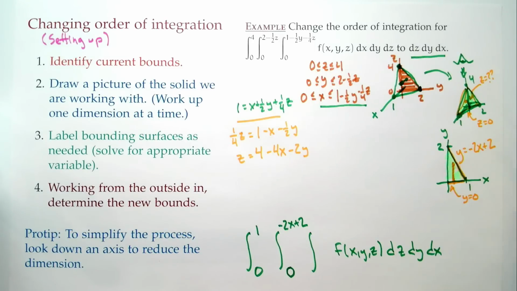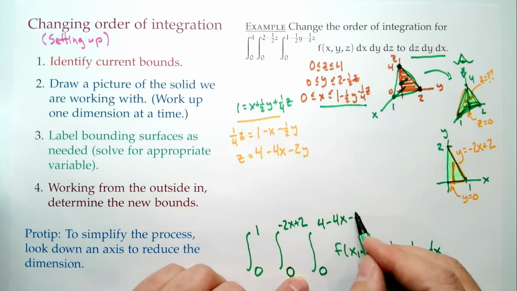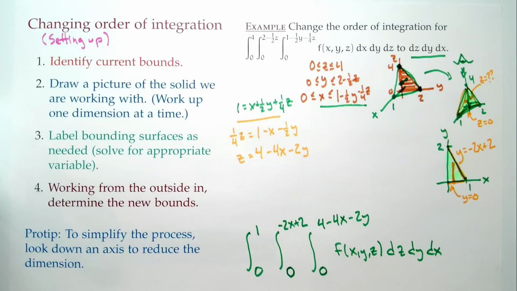So that's the top surface. And so, where does z go from? I go from z equals 0, my bottom surface, to z equals 4 minus 4x minus 2y. And we're done. That's it.